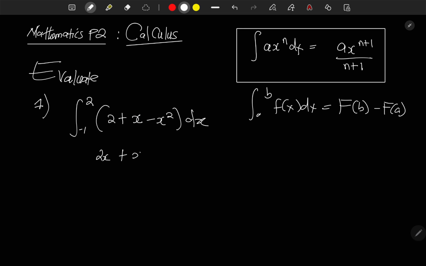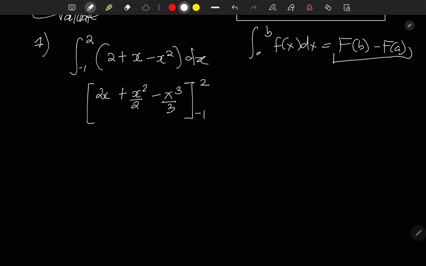Integrating x, I get x squared over 2, minus, integrating x squared, I get x to the power 3 over 3. Then I introduce my limits, -1 to 2. The one on top is called the upper limit, and the one at the bottom is called the lower limit. F of b in this case is when we substitute 2, and F of a is when we substitute -1. Can we do that?